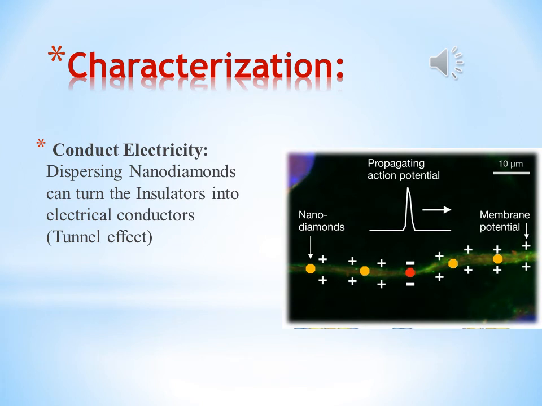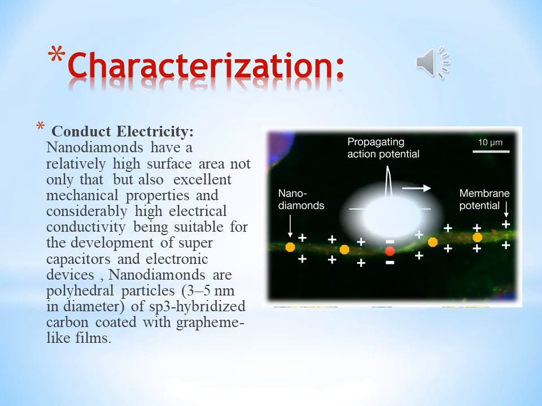They conduct electricity, and it's an important feature because insulators could turn into conductors because of this feature. If we disperse nanodiamonds into an insulator, it will be turned into a conductor. Nanodiamonds have a relatively high surface area.